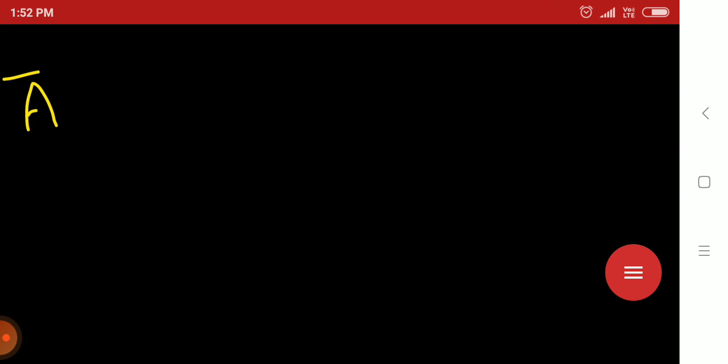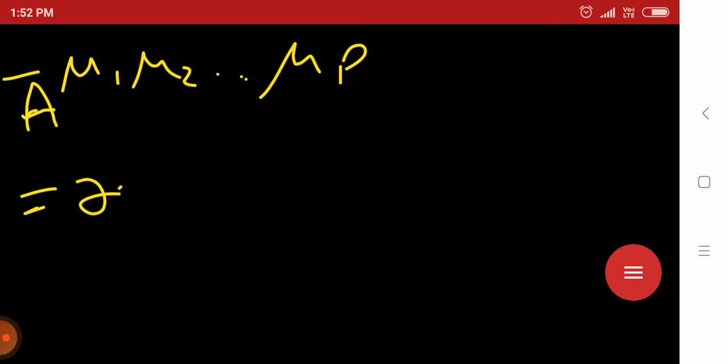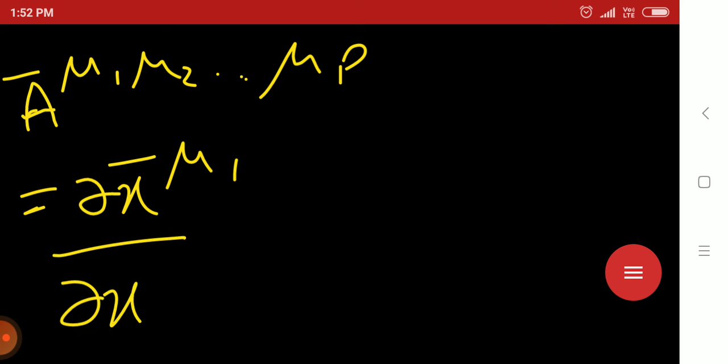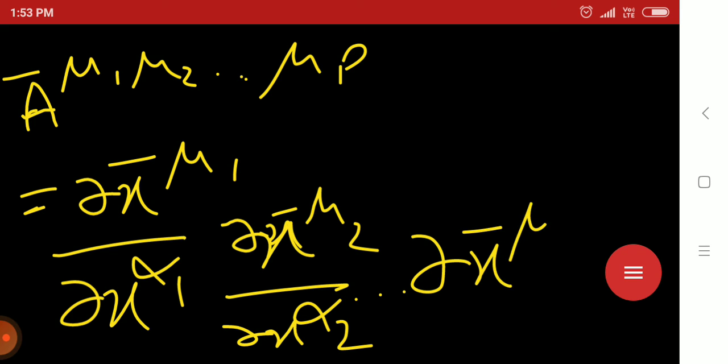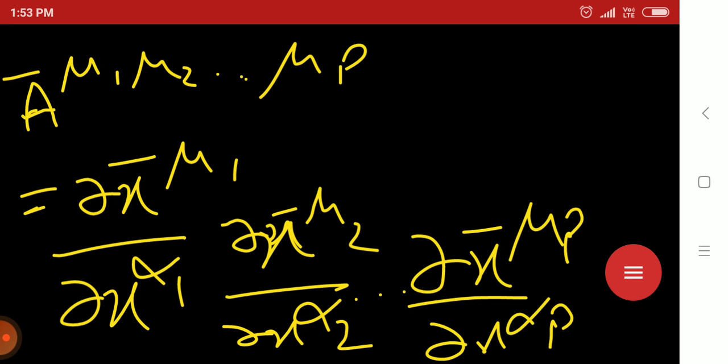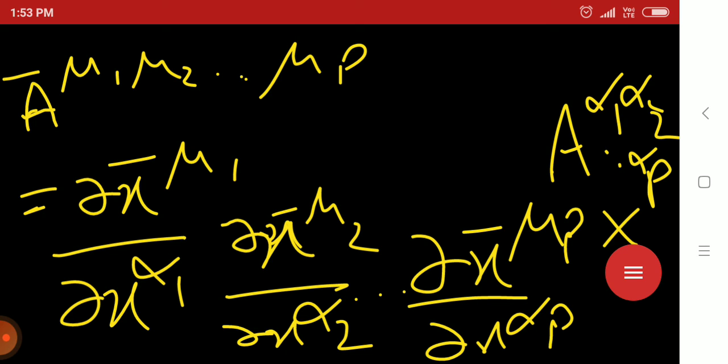So in general, a tensor of rank P can be written as Ā^{μ1 μ2 ... μp} equals ∂x̄^μ1/∂x^α1 ∂x̄^μ2/∂x^α2 ... ∂x̄^μp/∂x^αp into A^{α1 α2 ... αp}. There is no space, that's why I have written it this way.